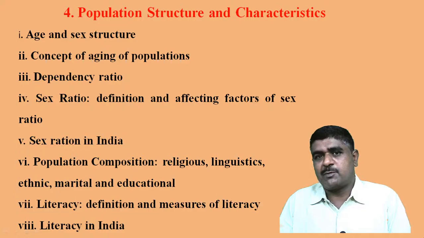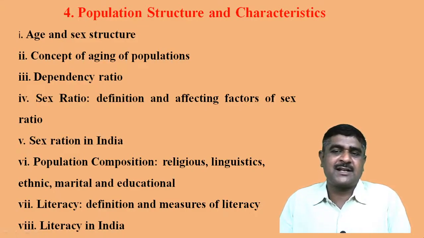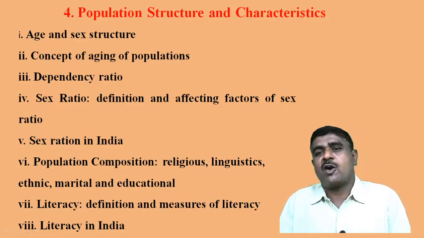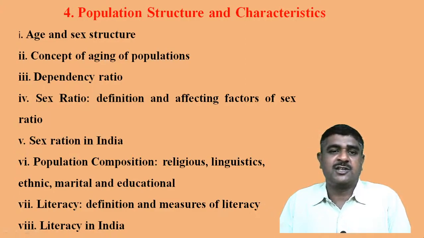You all know very well that in India the population below 15 and the population above 60, when you sum these two populations, is greater than the active population. It means in India the dependent population is greater than the active population, and this dependent population has a negative influence on the economic development of India. The vice versa condition you find in North America. We will see age and sex structure in detail in this topic.